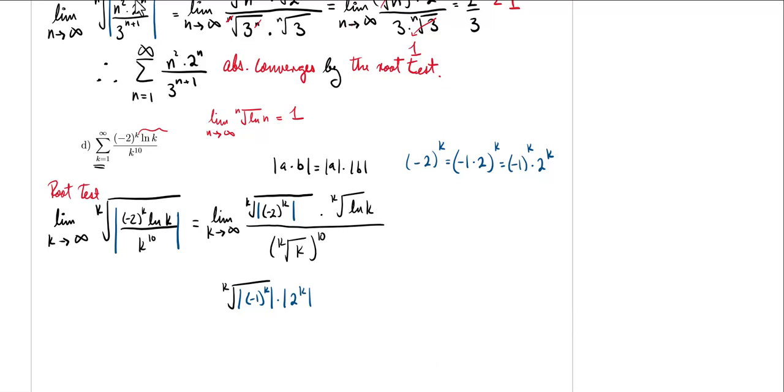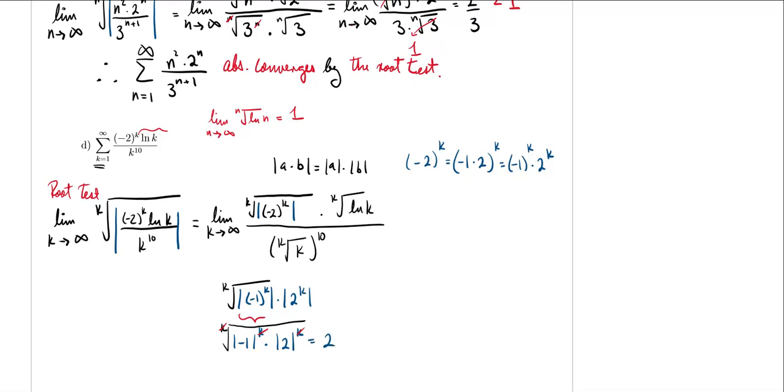If I have a negative 1 raised to the k, then I know that this one here could be simplified a little bit more as negative 1 absolute value to the k times absolute value of 2 to the k. Alright, now since we are taking the kth root of all of this, we can go ahead and cancel the powers here. But now we have the absolute value of negative 1. The absolute value of negative 1 is just 1. So we just now essentially have a 2.